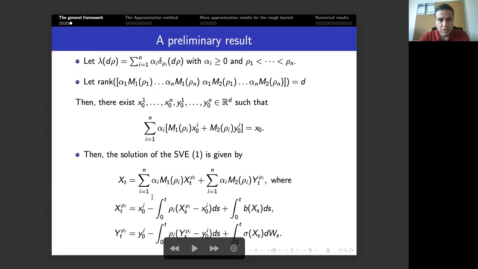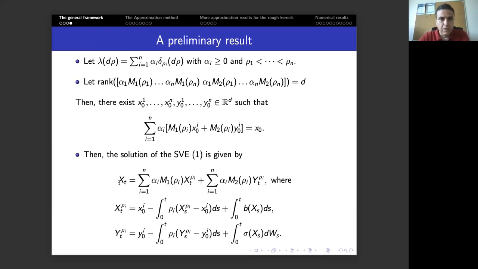Xt can be written as a sum of x rho I t plus a second sum, of course depending on the multiplicative coefficient, and y rho I t. Why is this interesting? Because if you look carefully, the components x rho I and y rho I are, of course, Markovian components, satisfying stochastic differential equations, so we recover the Markovian setting.